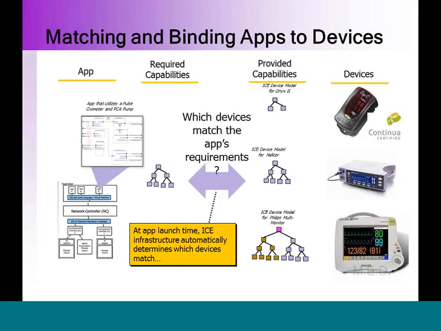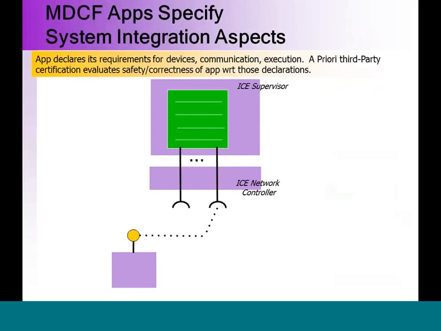Then dynamically, when the app is launched, the platform will check whether there's a match between what the app requires and what the devices can provide. Some devices you may choose to rule out because their capabilities don't match, and versioning is also where this type of information would get exposed.